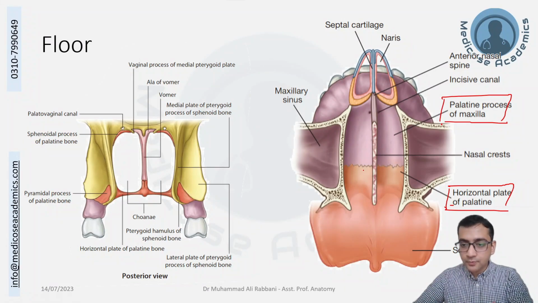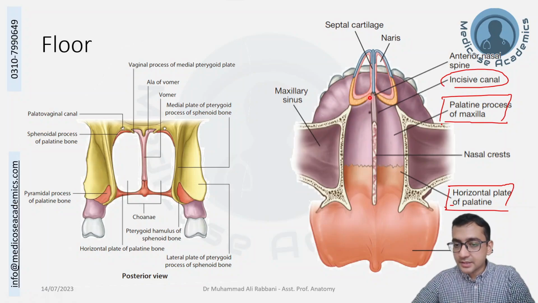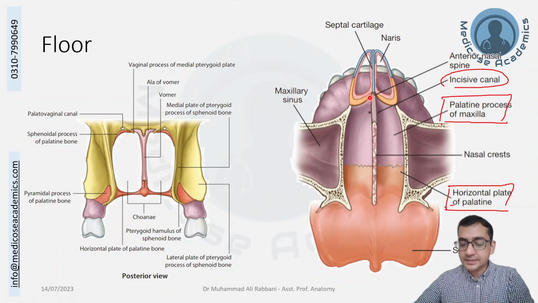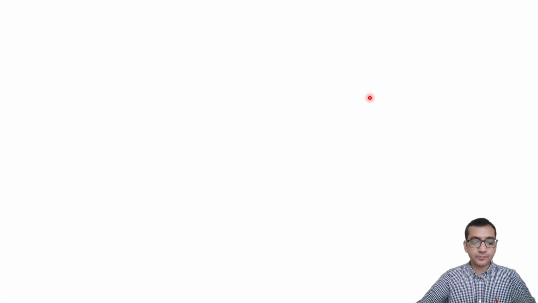There is a suture between them known as the palatomaxillary suture, and then there is this opening, the incisive canal, that communicates this nasal cavity with the oral cavity below. So the floor of the nasal cavity is exactly the same as the roof of the oral cavity, also known as the hard palate.